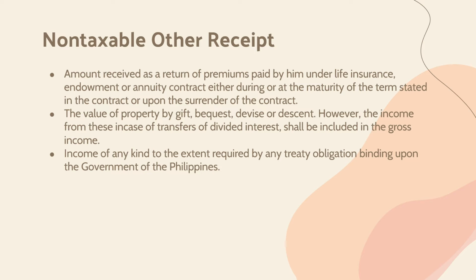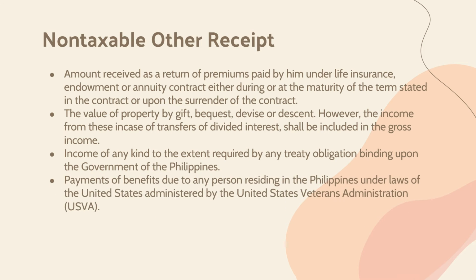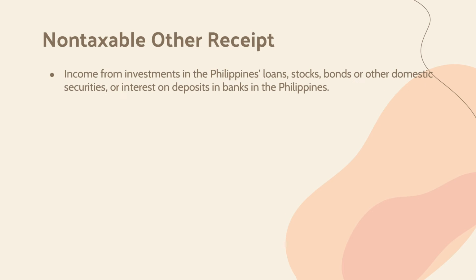Then number 4, payments of benefits due to any person residing in the Philippines under laws of the United States administered by the United States Veterans Administration or USVA. Number 5, income from investments in the Philippines, loans, stocks, bonds, or other domestic securities or interest in deposits in banks of the Philippines.